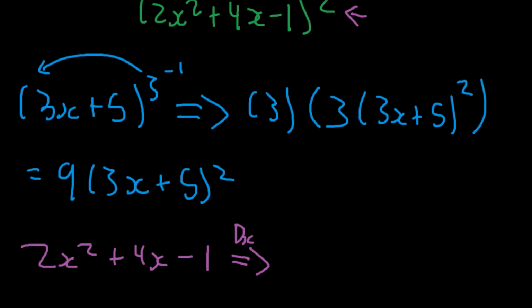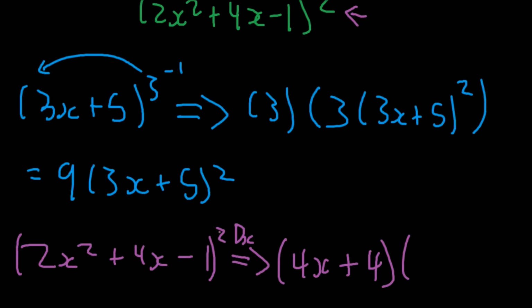So the derivative of the inside function: x squared goes to 2x, and 2 times 2x is 4x. Plus, the slope of 4x is just 4. Constant terms go to 0. And then the 2 comes out front.